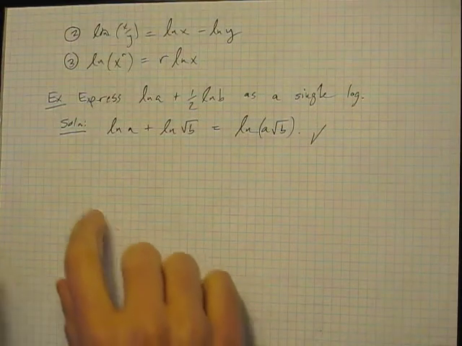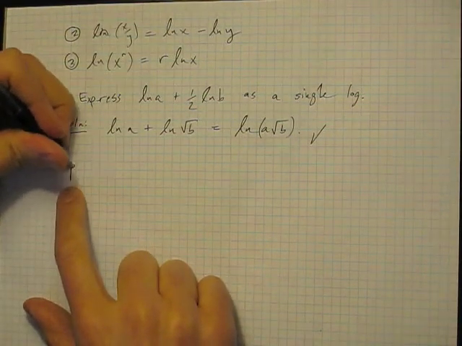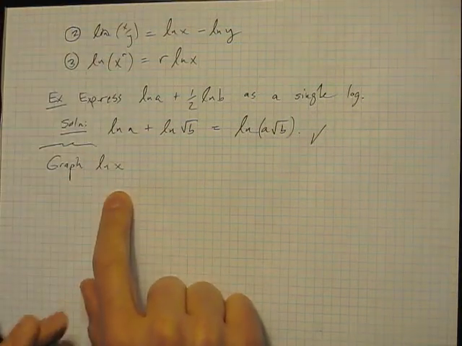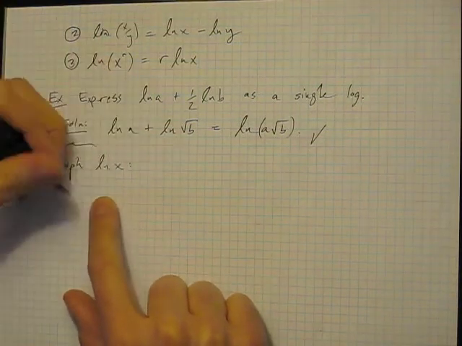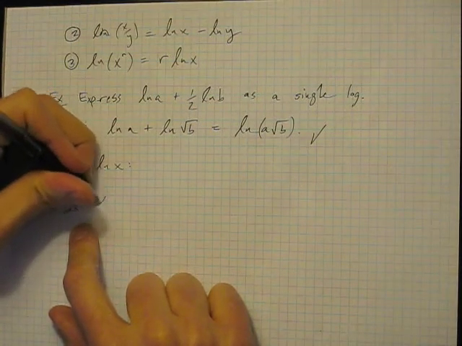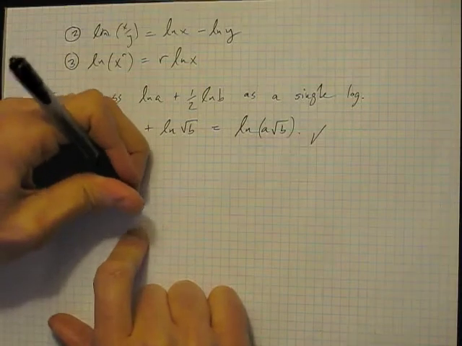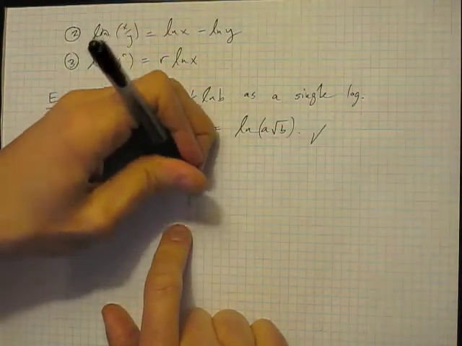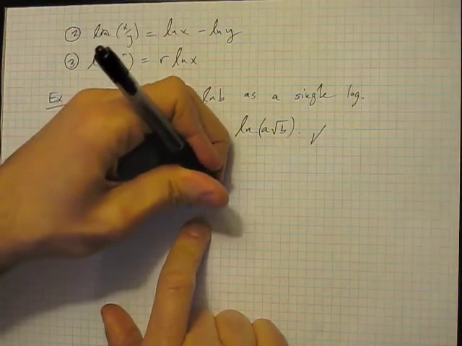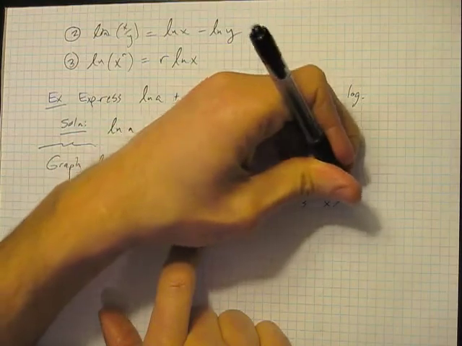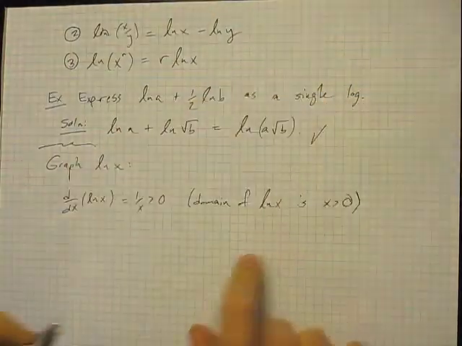All right, so let's graph log of x. Some properties of the log of x: in order to graph it, we know that its derivative is 1 over x, which is always positive. Remember the domain of log x is all x values bigger than 0.